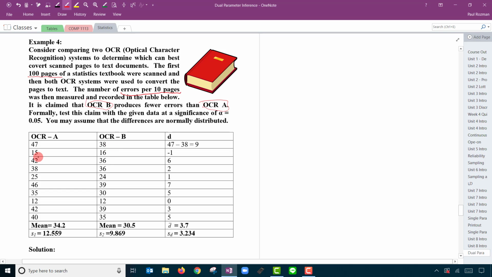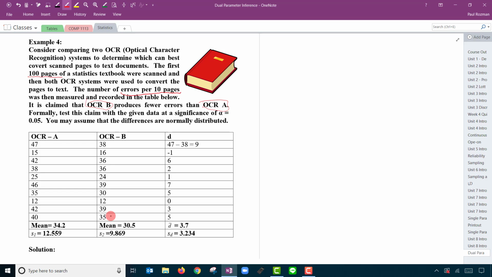And then in the next 10 pages, software A made 15 mistakes, and B made 16, and so on. In the last 10 out of the 100 pages that were scanned, A made 40 mistakes, and B made 35 mistakes.